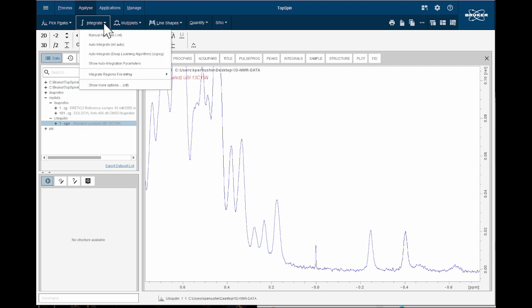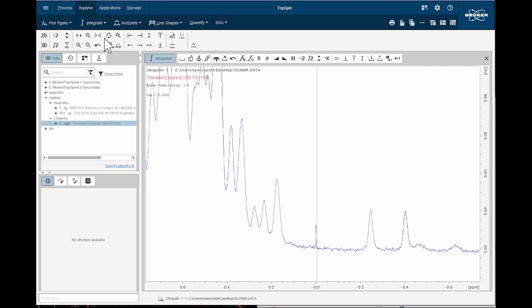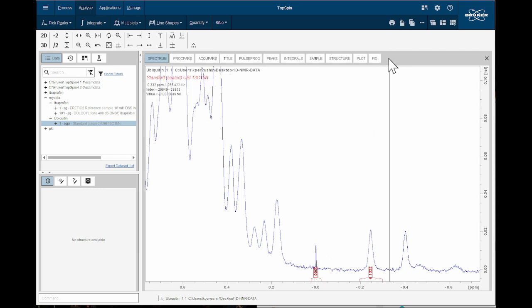So let's do it. We go to analyze and then integrate, and then manual integration, and we choose the simple integration tab and integrate from here to here, relative integral of 1, and from here to here with the relative integral 3.1. Yeah, so I save it.